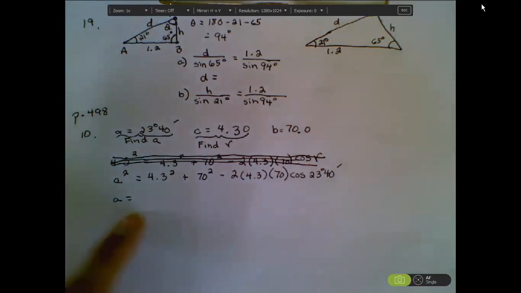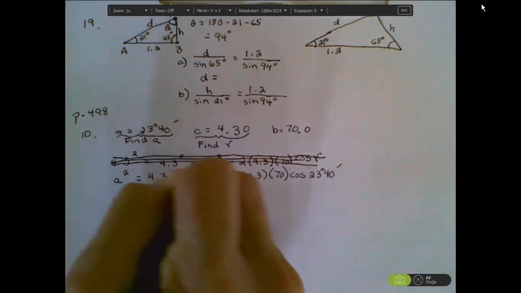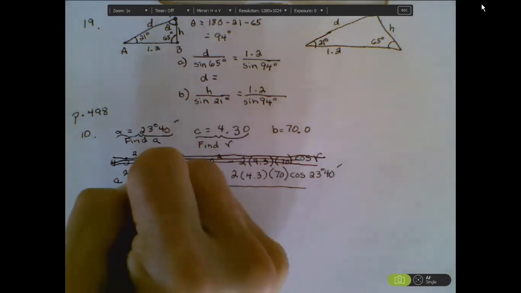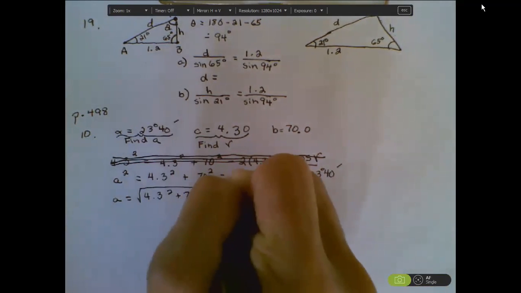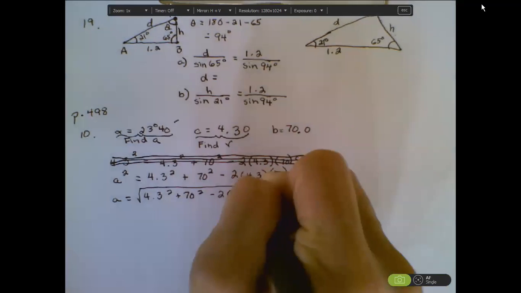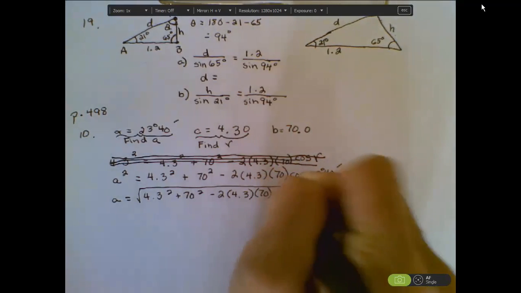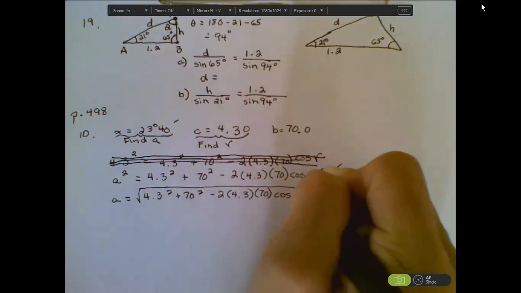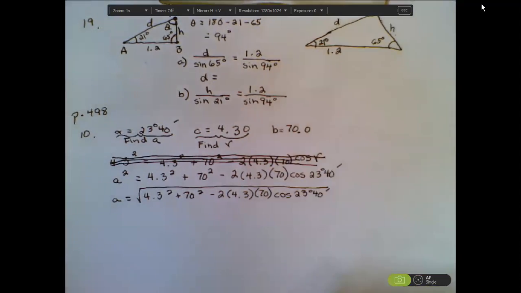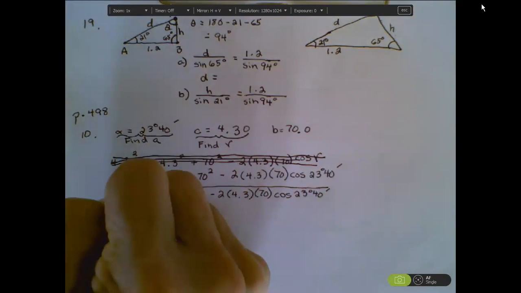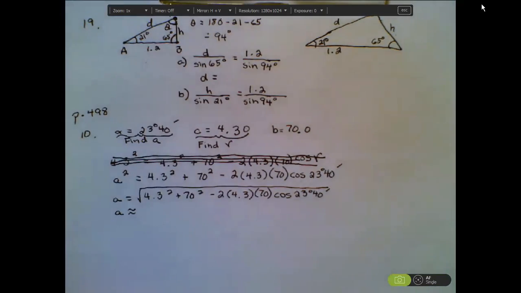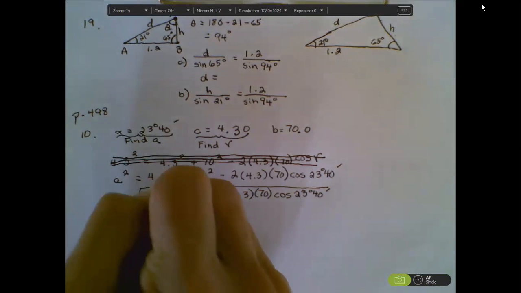I'm going to go ahead and say A is the square root of all that, just so I don't have to copy it down again. And because I've already punched that on the calculator, I can tell you that A is approximately 66.1.